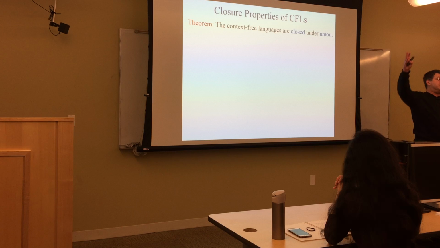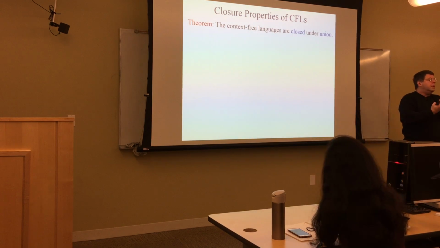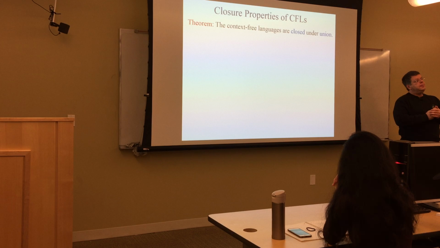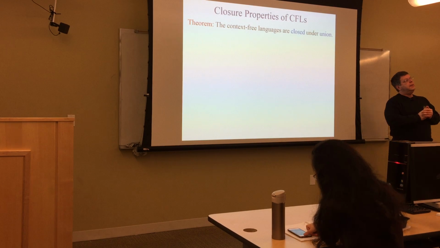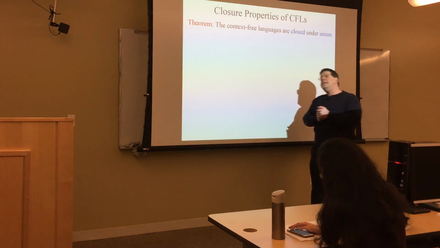How many understand the question? Okay, so we have two context-free languages. They're sets of strings, and the union is also context-free. Can the union be considered as an OR operator, and therefore it's accepted by either this or that? You can non-deterministically split your way through.